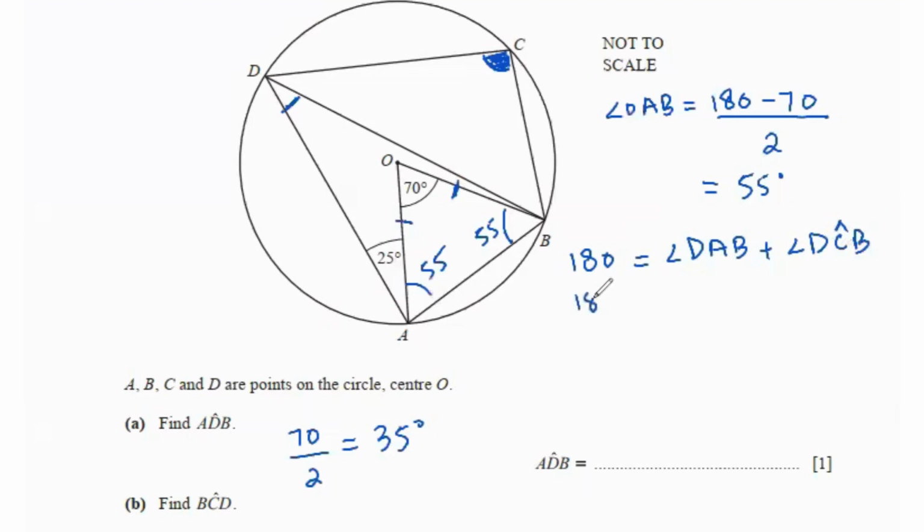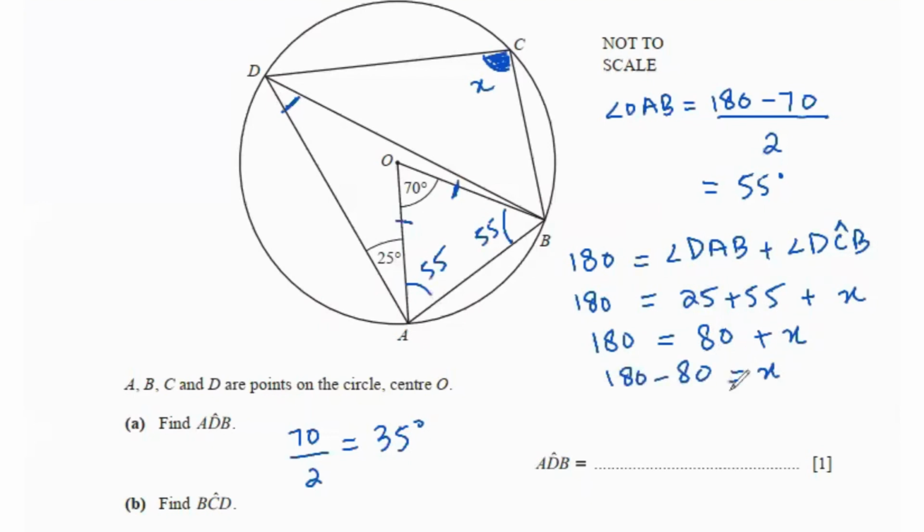So DAB is 25 plus 55 and DCB is what we have to find. So 180 equals 80 plus x, and 180 minus 80 equals x, which is 100. That is our value.